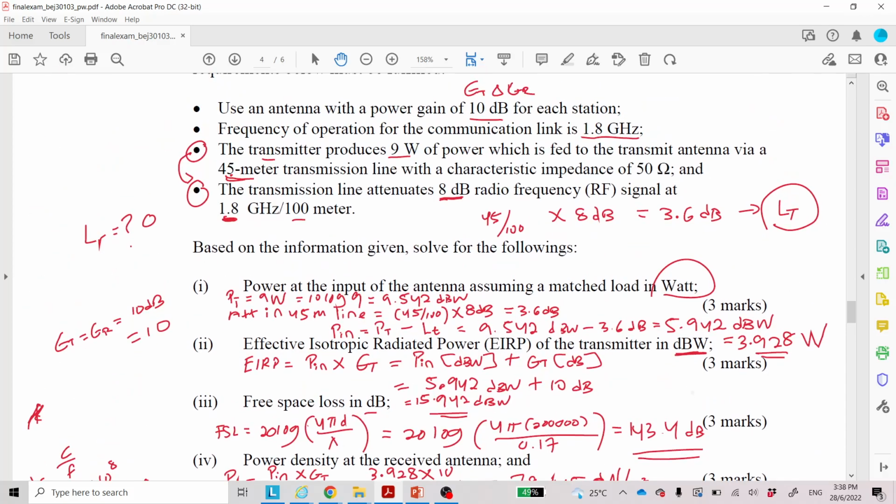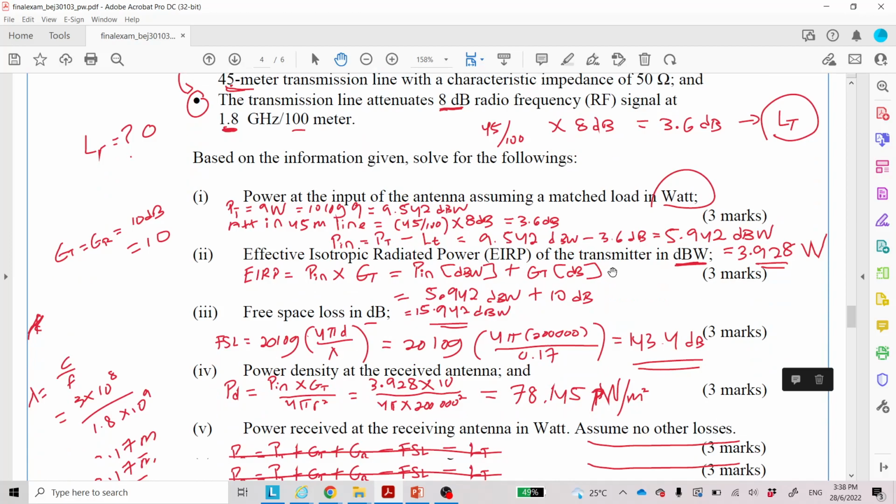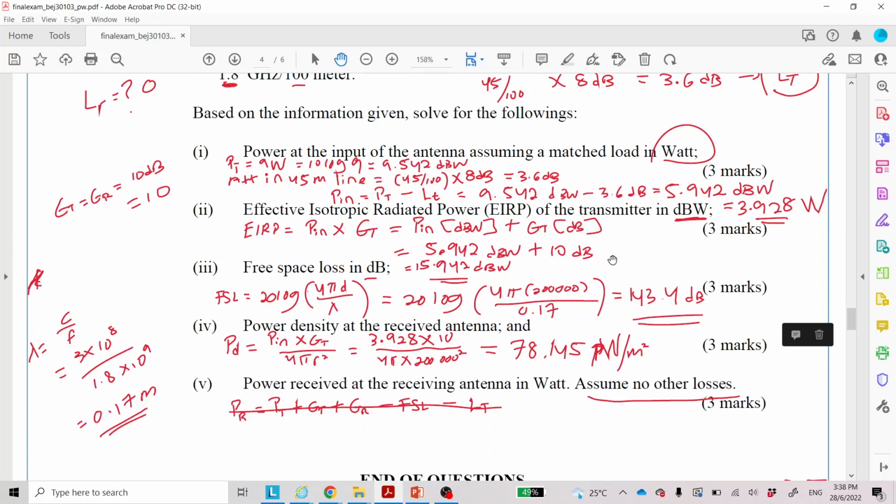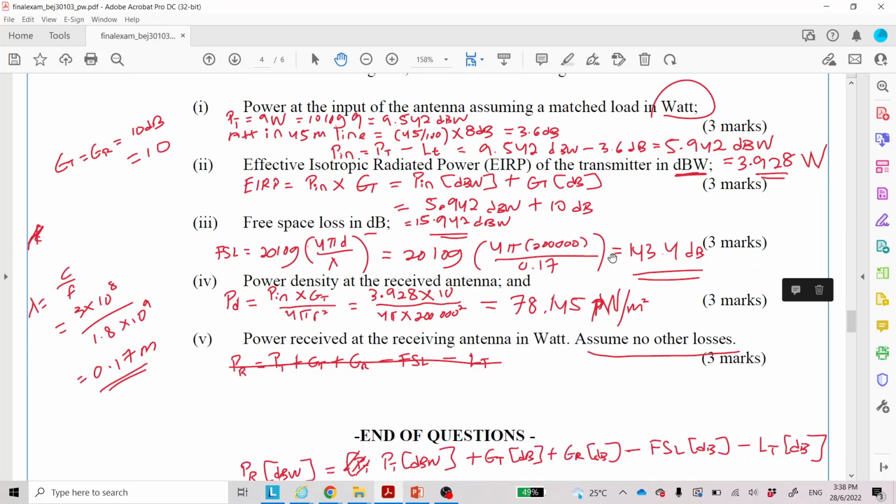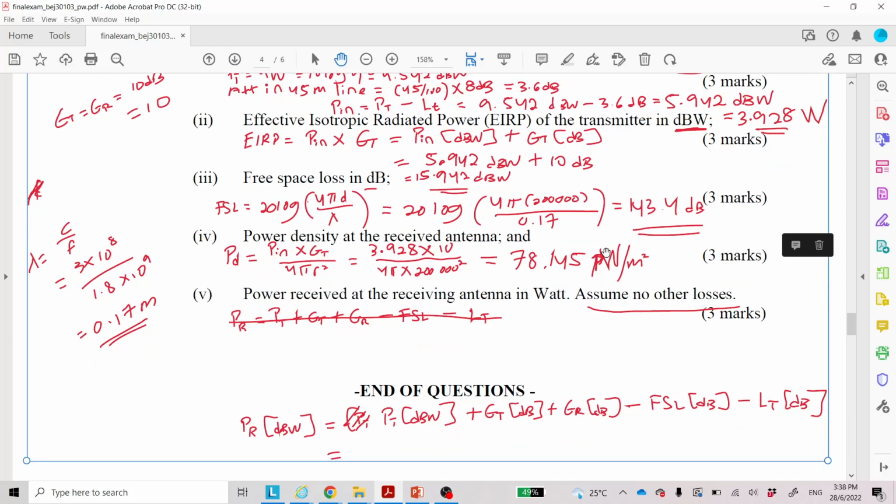So PT in dB: 9 watt is 9.542 dBW, from what we have.